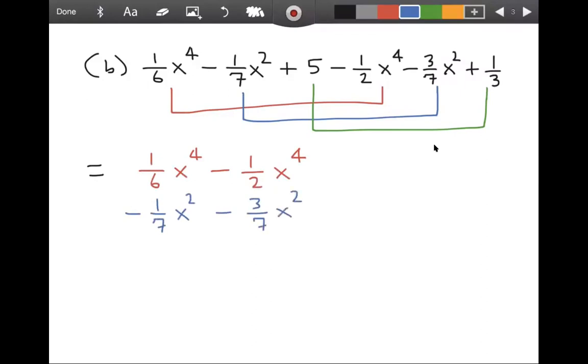And finally, plus 5 plus 1/3. Okay, the reason I decide to write it like that for now is that I am going to have to get some common denominators. For example, in the first pair of terms, the common denominator there will be 6, right? So I will multiply this term by 3 over 3.